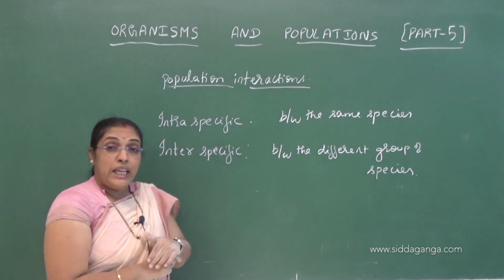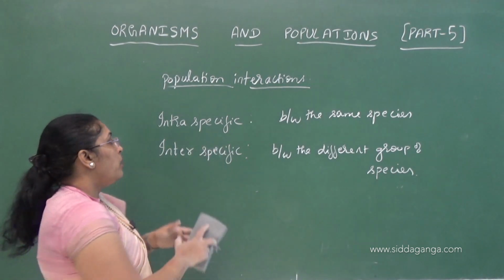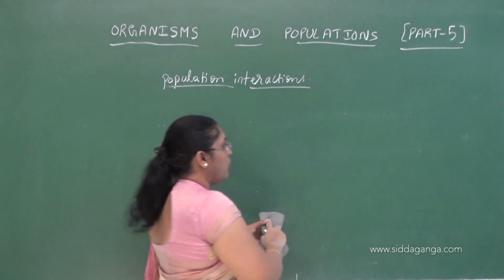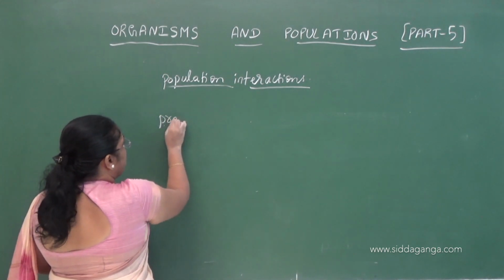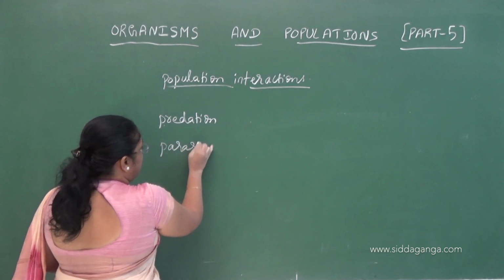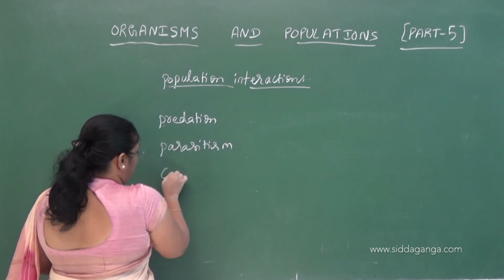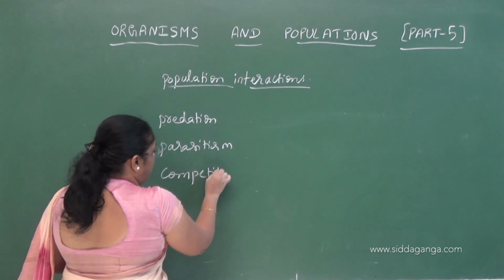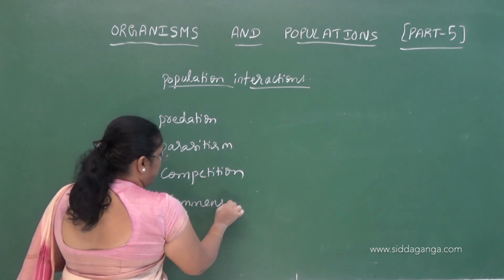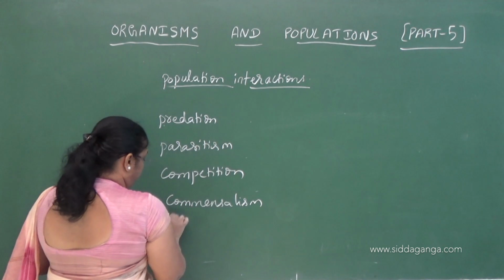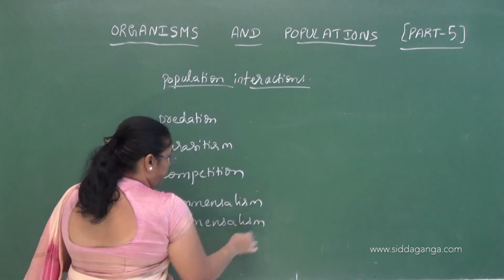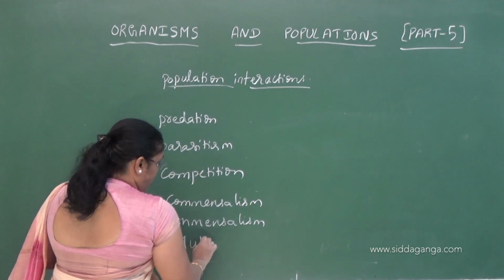In this we are going to discuss predation, parasitism, competition, commensalism, amensalism, and mutualism.